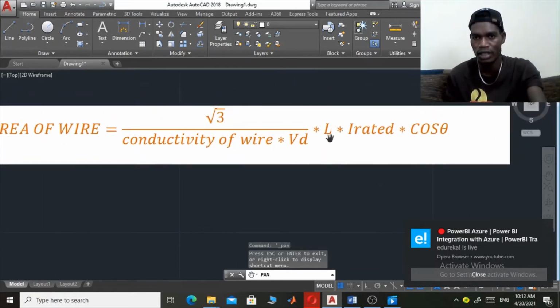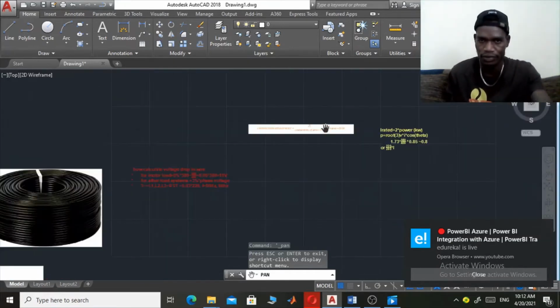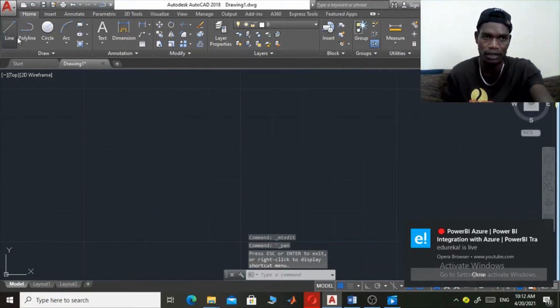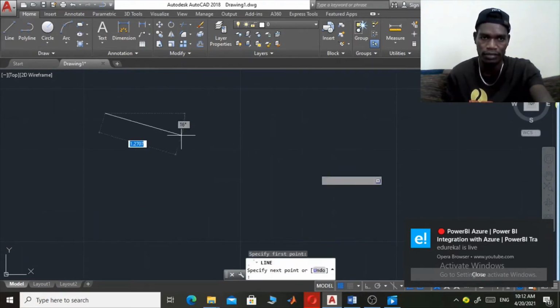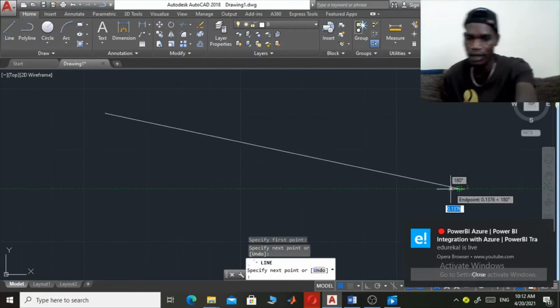What about this term L? L represents the length. This is, by the way, a very important question. Let me tell you, this is a length. Look at this number.